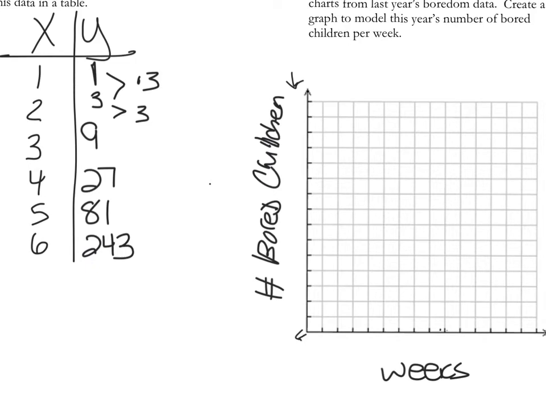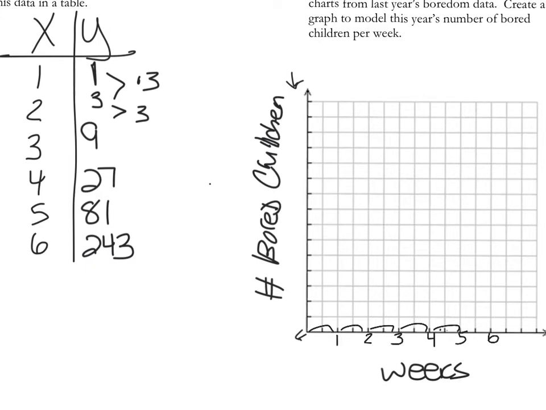All right, so you have to make them equal. All right, and since we're only looking at 6 weeks, I'm going to kind of spread this out a little bit. So I'm going to go every 2 units. So 1, 2, 3, 4, 5, 6. You've noticed I've got 2 units between each digit.